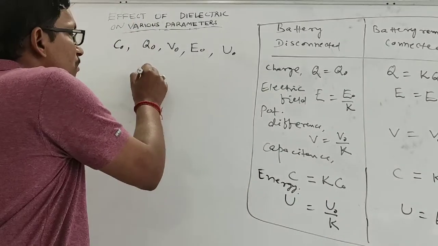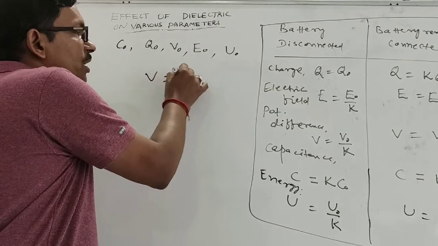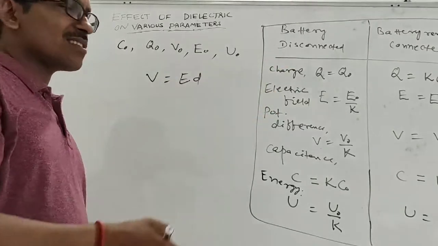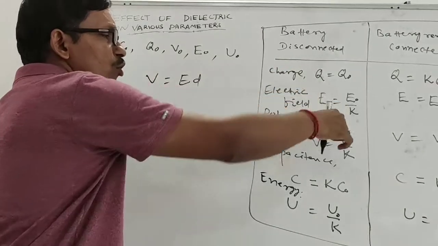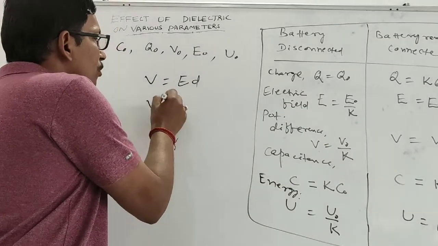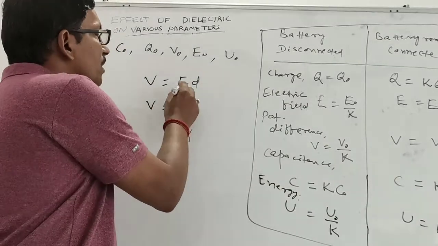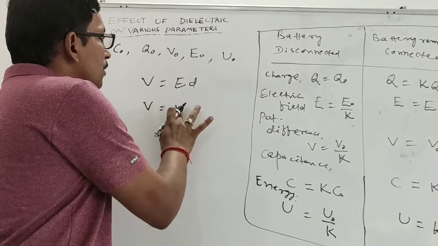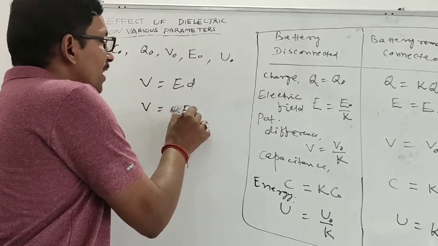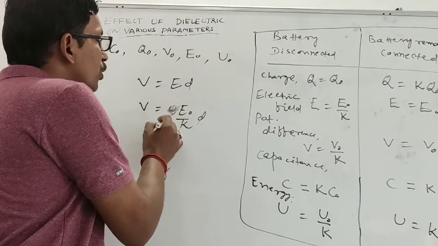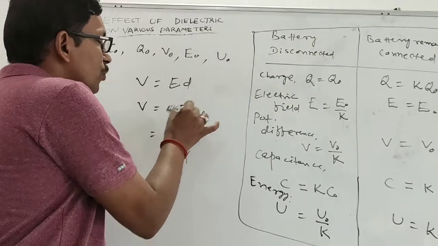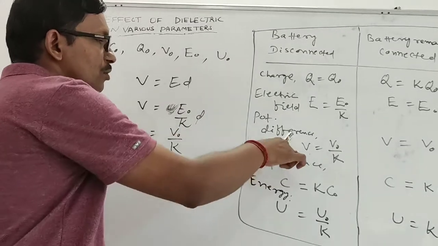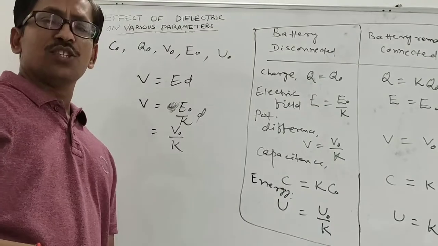You know, potential difference V is equal to E into D, electric field into distance, and here the electric field is E0 by K. So V is equal to E0 by K into D, that is E0 D by K. So the new potential difference is V0 by K.